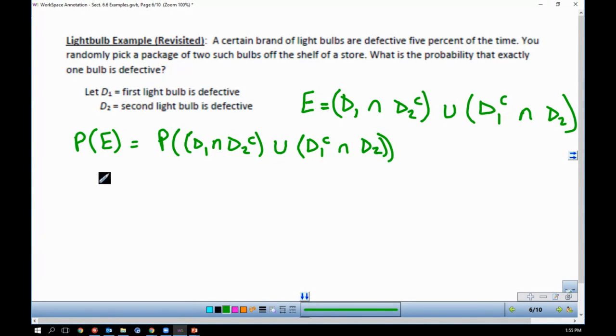Okay, so what's the probability that bulb 1 is defective on this first instance? 5%.